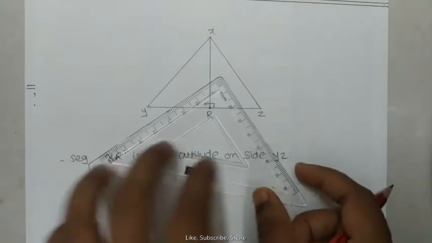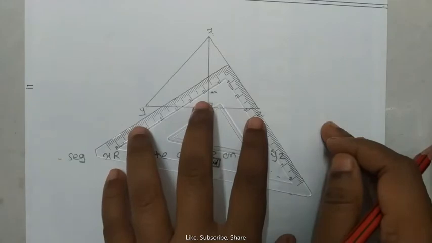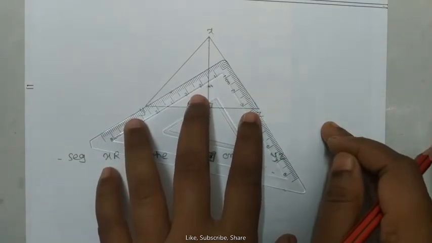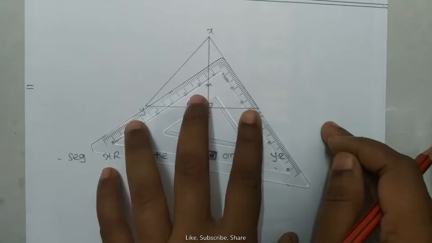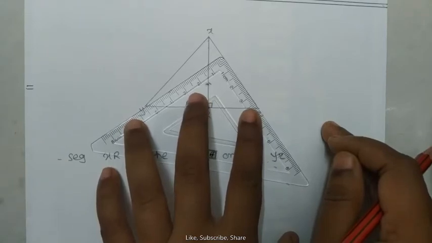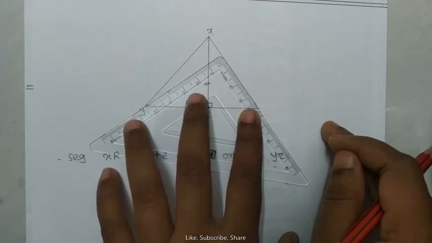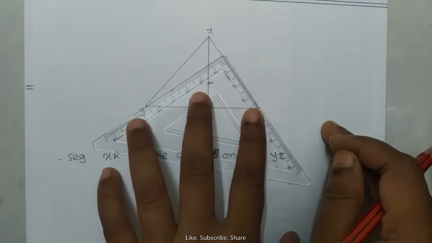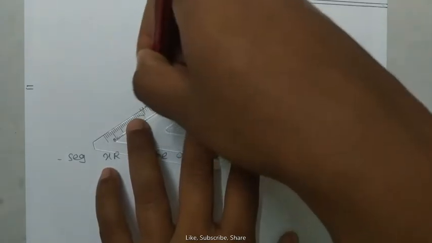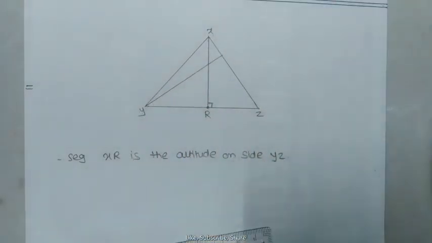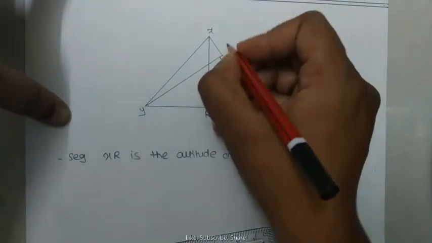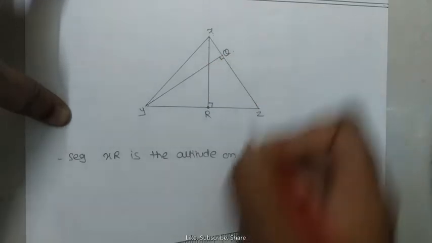How to put this set square? It is put like this, and draw the line. This one is the 90 degree and we name it Q.